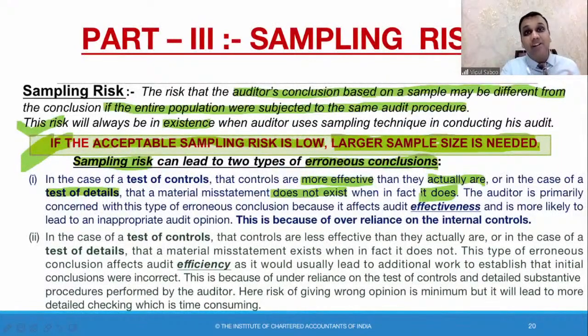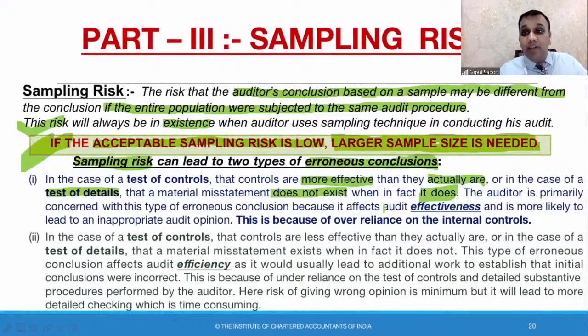So sampling error is high. Sampling risk has led to an erroneous conclusion by the auditor that good controls are good, but controls are not good in actual. There is no material misstatement as per the sample, but actually there is a misstatement. So why is the auditor concerned with such result of sampling risk?